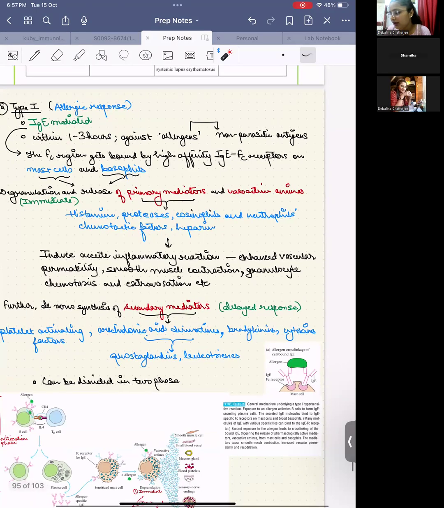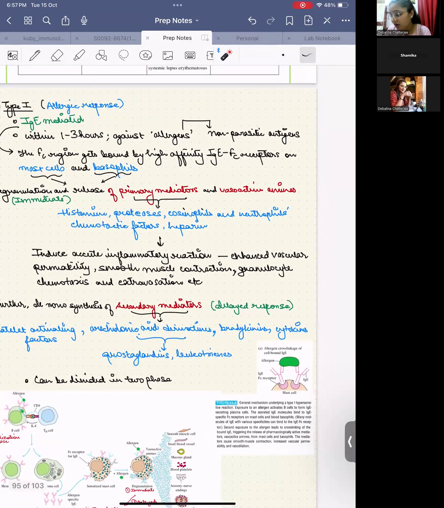And what do they mediate? They mount an acute inflammatory reaction. There are certain hallmarks of inflammation wherein we have enhanced vascular permeability. We have smooth muscle contractions happening so that the blood flow can be enhanced. Permeability enhancement also allows for the extravasation of the leukocytes.